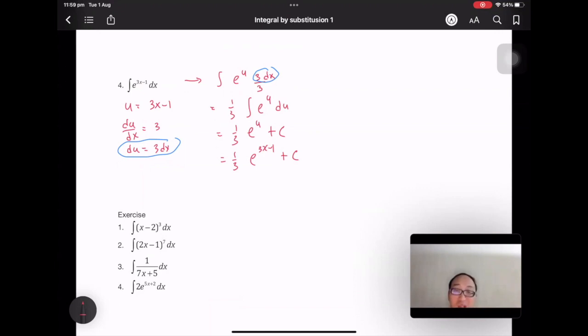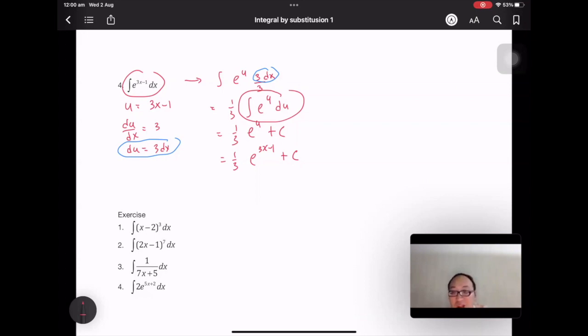So from these 4 examples, we can see that the idea of using the substitution method is to change the complex expression into the power rule, so it can be easily integrated. Now, how do you know which part we have to substitute as u?